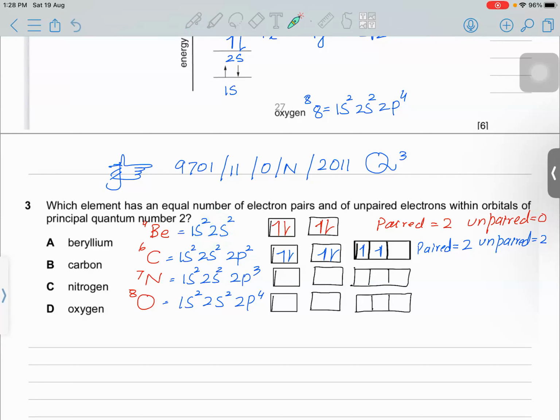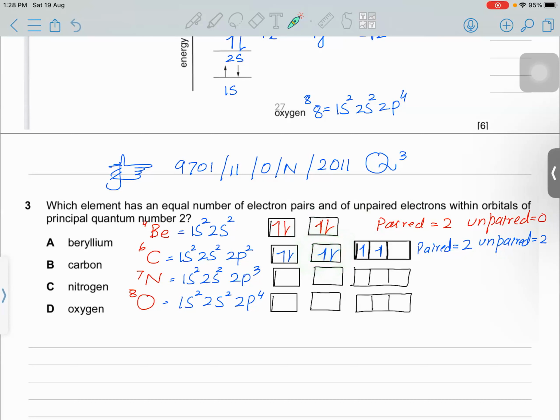It means the electrons in quantum number two. So in 2s2 we have two paired electrons. This is 2s2, two electrons.